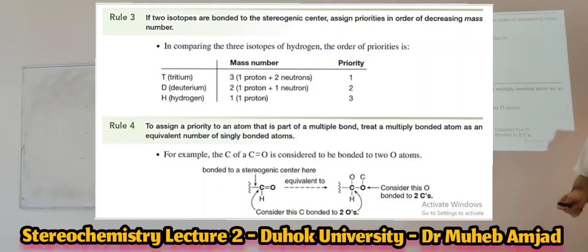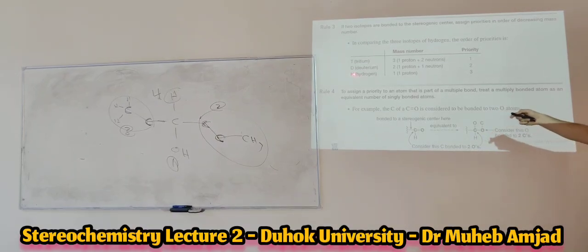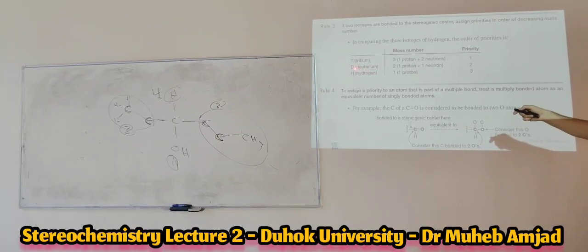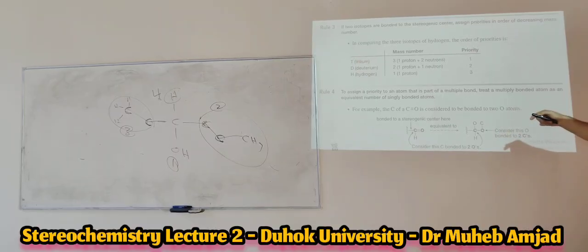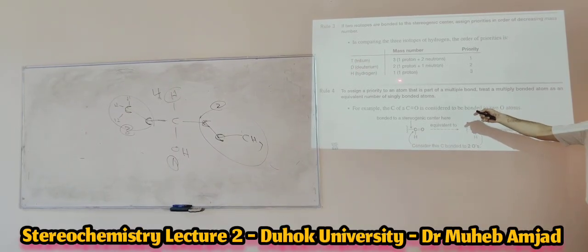No question? Okay. If isotopes are bonded to the stereogenic center, assign the priority in order of decreasing mass number. If you have hydrogen, deuterium and tritium, look to the mass number. For hydrogen, the mass number is 1 because it has 1 proton.